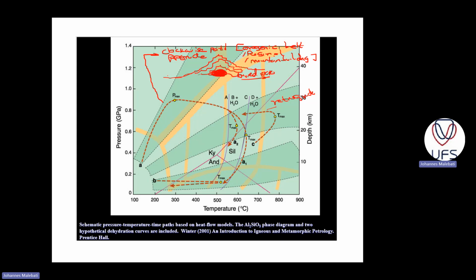So the rock will reach its maximum pressure while it is still cool. Like I said, imagine you going deeper into a cold mine: the pressure increases, but the temperature is still relatively cool.